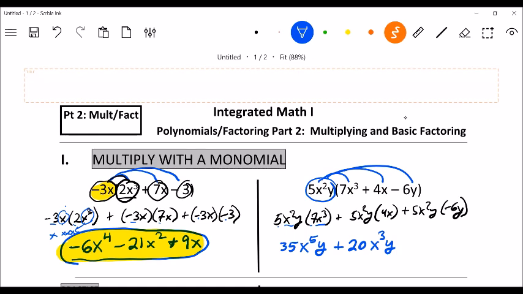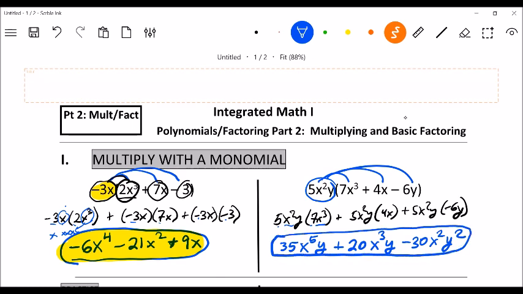And the last one, 5 times negative 6 is negative 30, and there's an x squared, but no new x's to put with it. And there's 2 y's, which makes for y squared. And therefore, we have this result with both x's and y's in it. Okay, and that's multiplied in it, and getting those exponents written down.